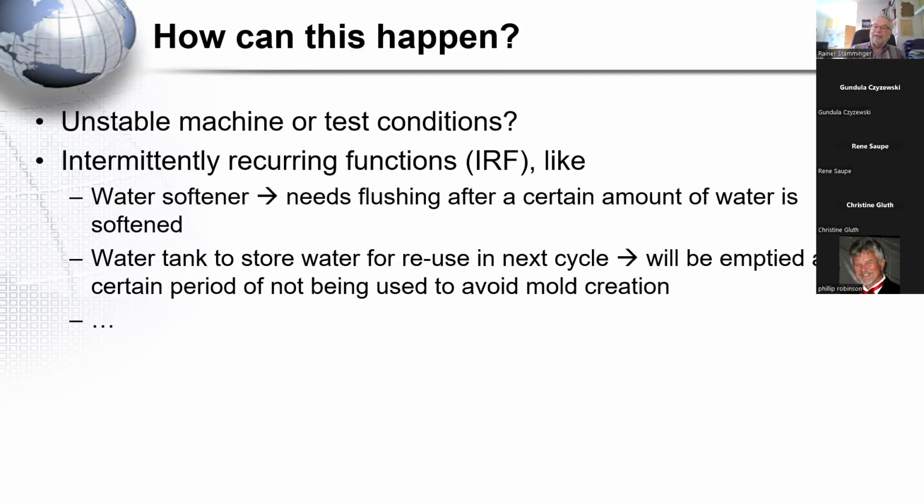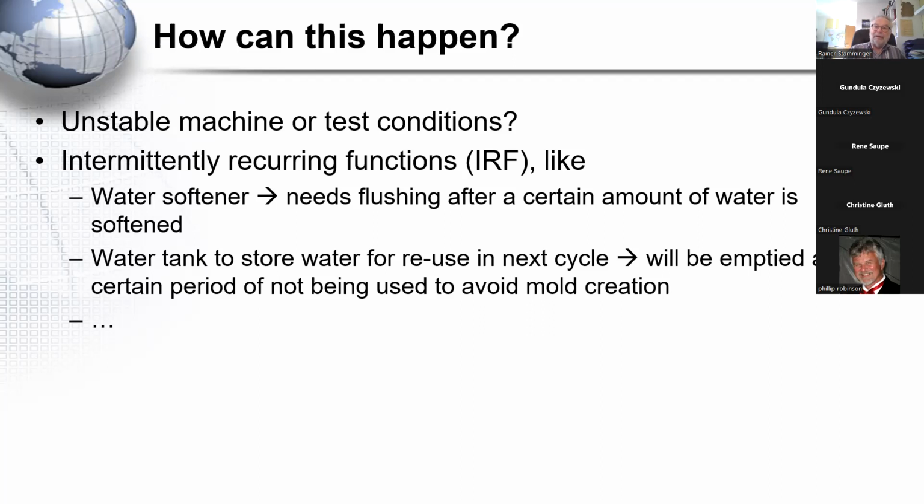But this softening of the water happens by using a resin, and the capacity of the resin is limited, so you can take out a certain amount of calcium and magnesium ions.